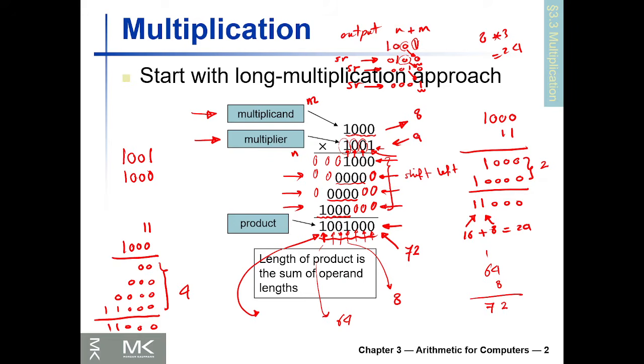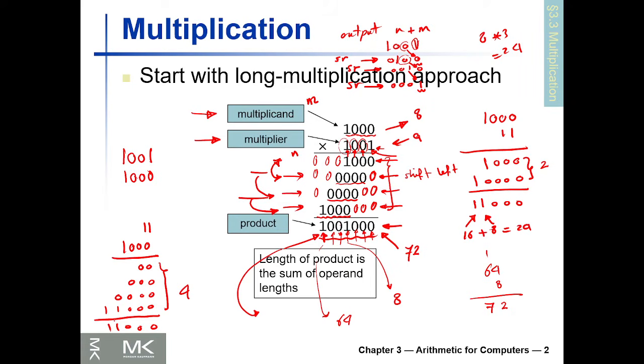Okay, good. And for the addition, not to repeat the addition operation, we start by adding these two together, then the result will be added to this one, then the result will be added to this one.